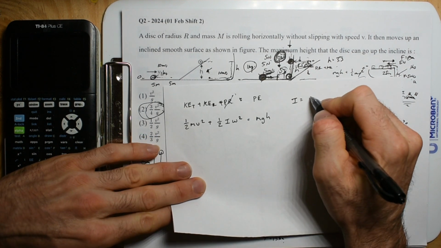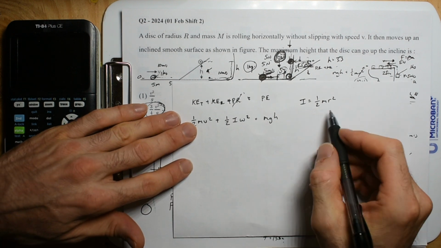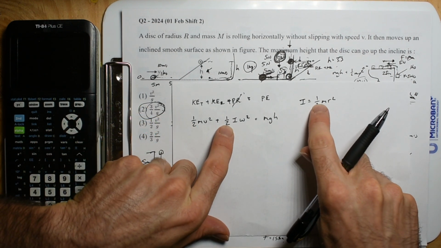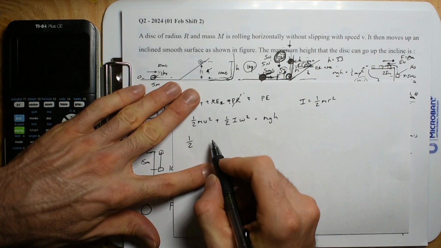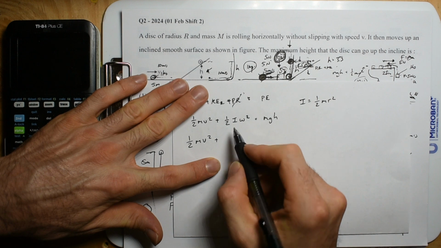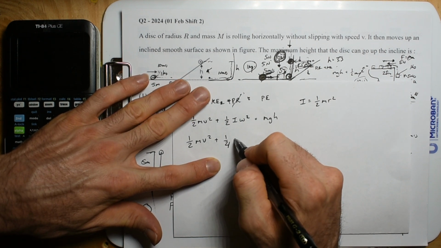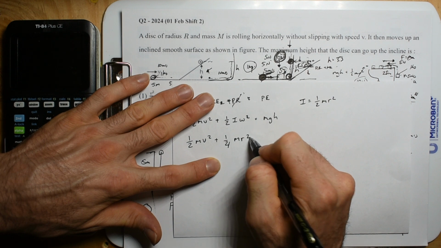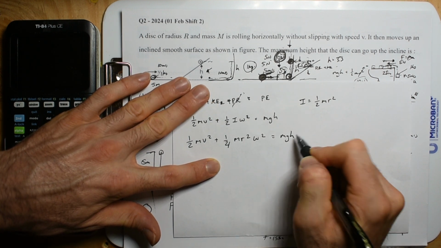Well, sure, because I is going to be 1/2 mr squared for a disk. So let's throw that in. And these 1/2s are going to combine to 1/4. I'm going to do that all at the same time. So we have 1/2 mv squared plus 1/4 mr squared omega squared is equal to mgh.